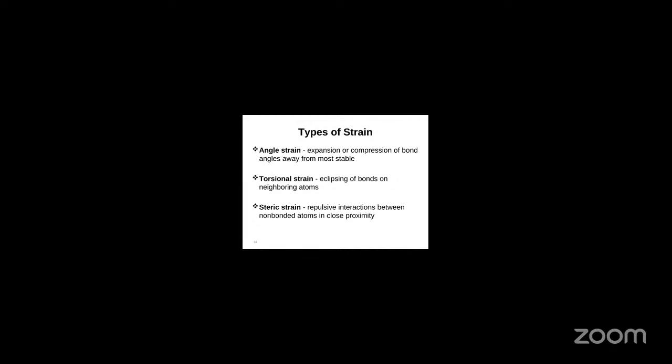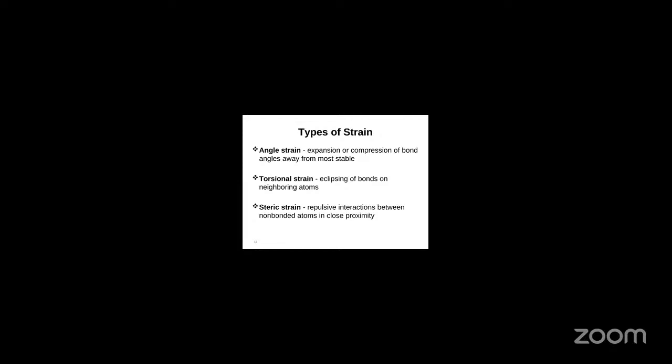If it's close to 109, it means that it's stable. Any deviation brings about angle strain. Strain is stress. So angle strain is like stress on the angle because the stable angle is 109. The more you move away, increasing or decreasing, you're going to cause the angle to be stressed. That is angle strain.